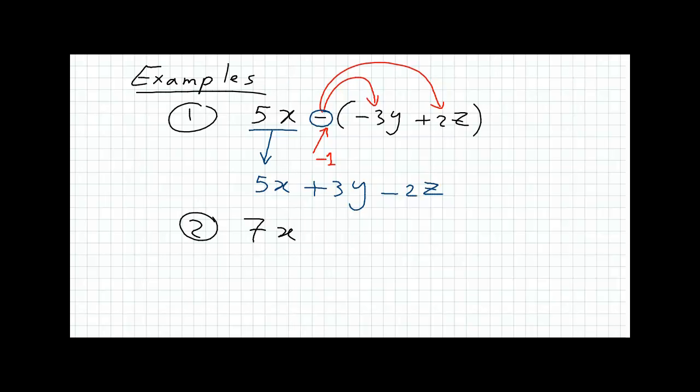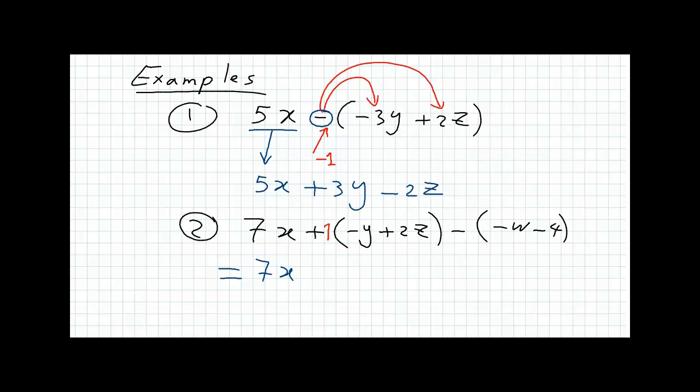Another example, simplify this algebraic expression by opening parentheses. So we will do the same as what we have done with example 1. 7x will come down as it is. The first parenthesis, we can see that before it we have positive.